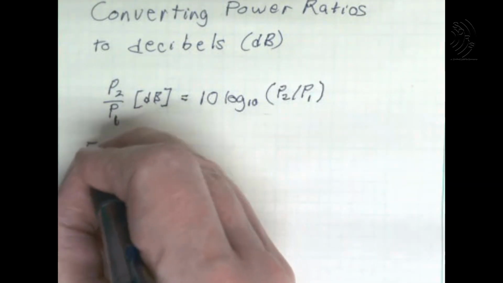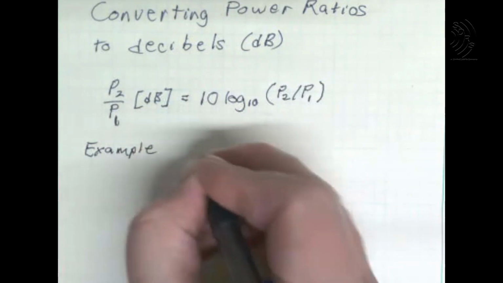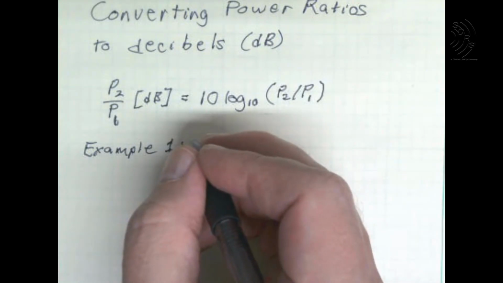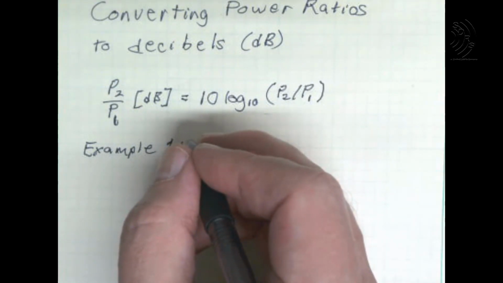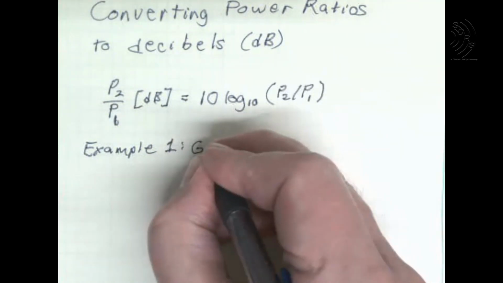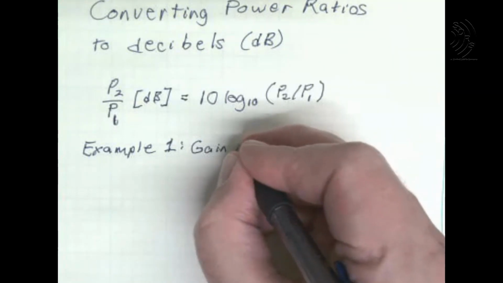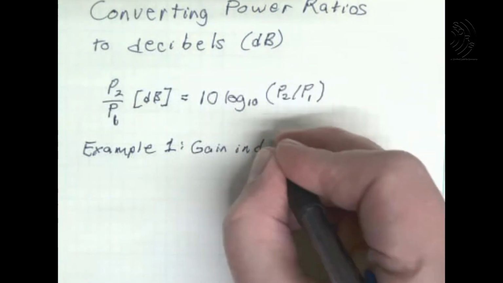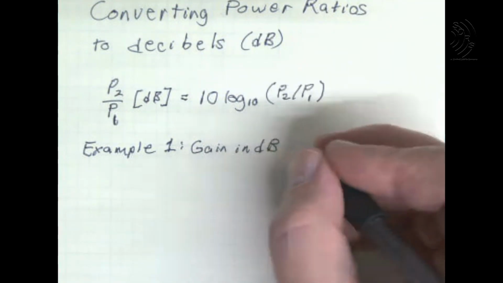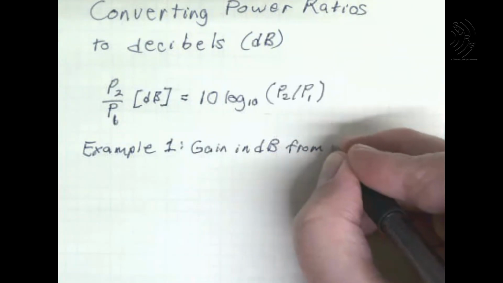Now we'll look at an example. In this case, we're going to be calculating the gain in dB from input and output powers of a device.